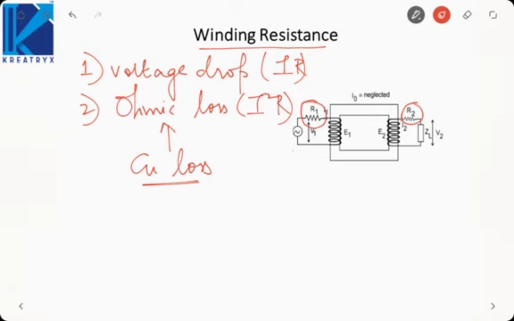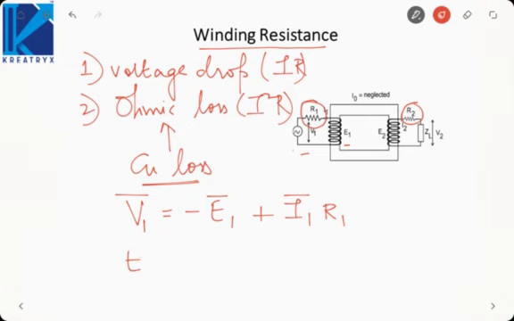Now if we apply KVL, then I can write down V1 is equal to minus E1 plus I1 R1, because the voltage drop between V1 and minus E1 would be I1 into R1.